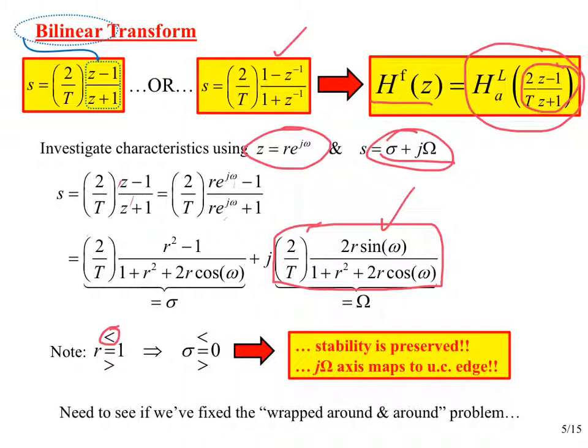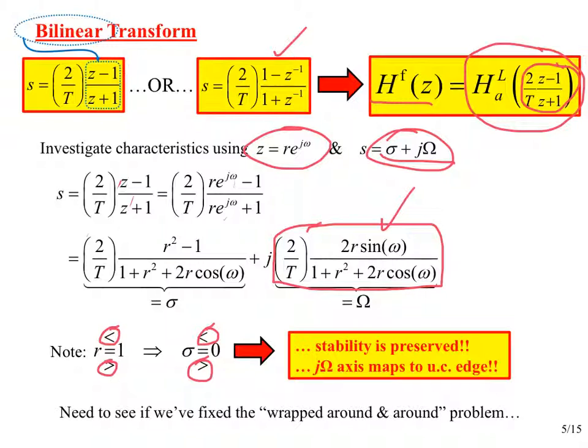And if you look at the denominator, you'll see that you'll also get something that's positive there, so we end up getting something negative. So when r is less than 1, we get sigma less than 0. When r is greater than 1, you can go through the same kinds of things. We'll see that we get sigma is greater than 0.